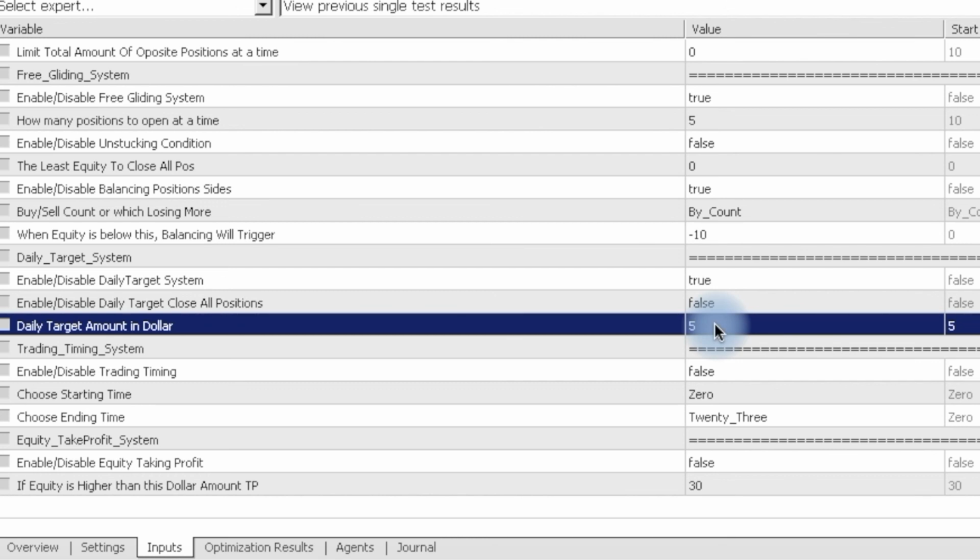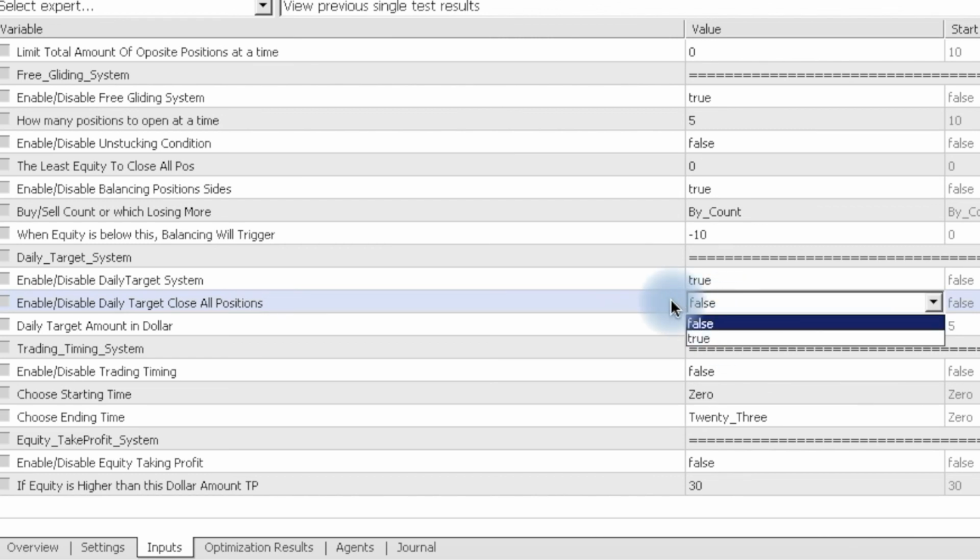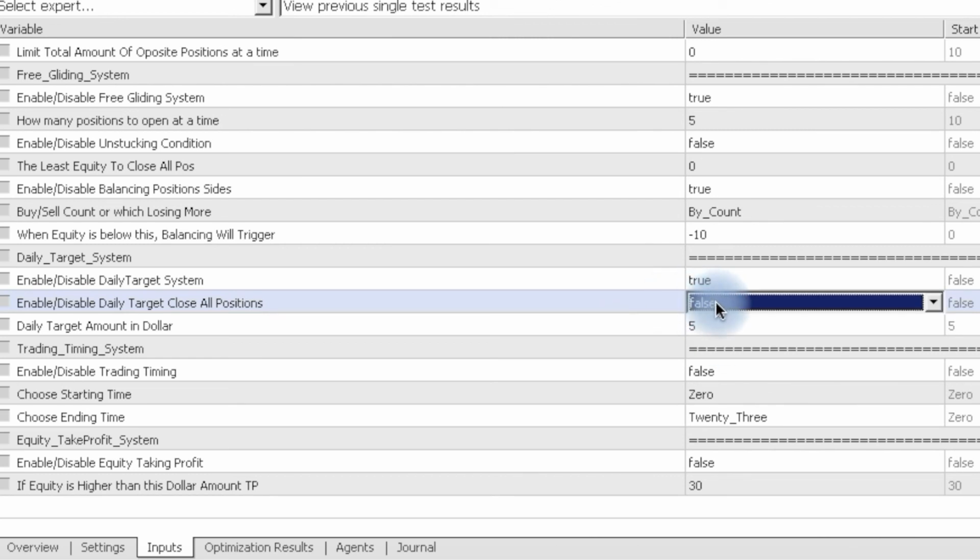If there are open positions, it will close them, but it will not trade anymore. So the only difference between having this on or off is that this will close positions that are live and open right now, if it sees that I crossed 50 in my equity.